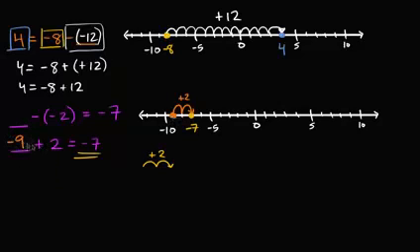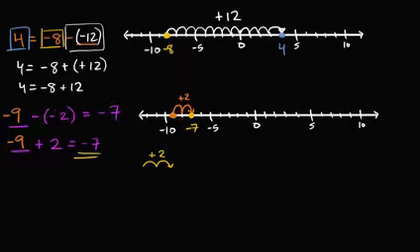So if you start at negative 9 and you move 2 to the right, you end up at negative 7. Or you could say negative 9 minus negative 2. Because if you subtract negative 2, you're going to move to the right. If you subtract positive 2, you move to the left. But if you subtract negative 2, you move 2 to the right, to negative 7.